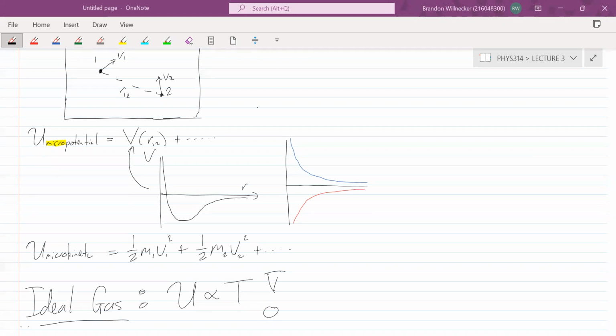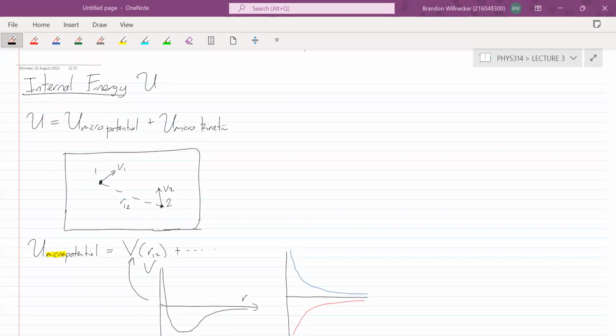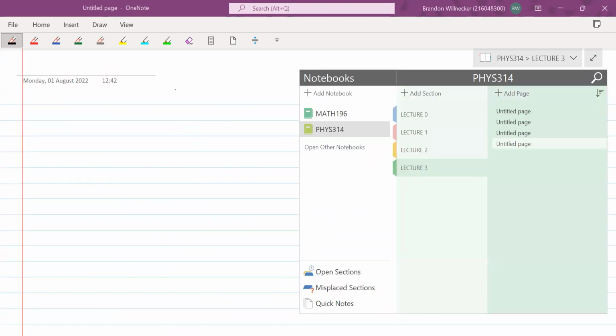Okay, so that's the internal energy part of the equation. The next bit is looking at heat. Okay, and we've already done work.